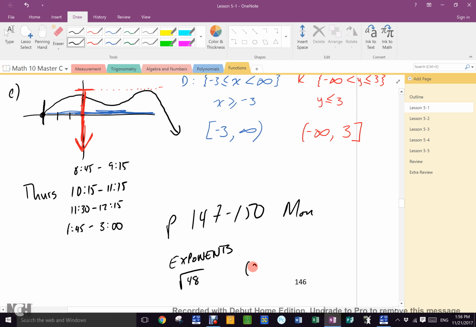Expansion, x plus 3, x squared minus 7x minus 3. Expansion. And factoring, x squared plus 7x plus 12, x plus 3, x plus 4. That stuff. That is tomorrow.